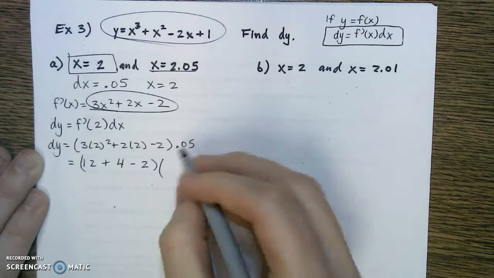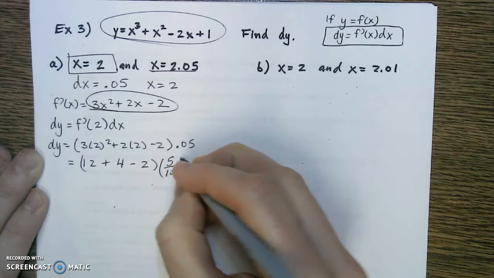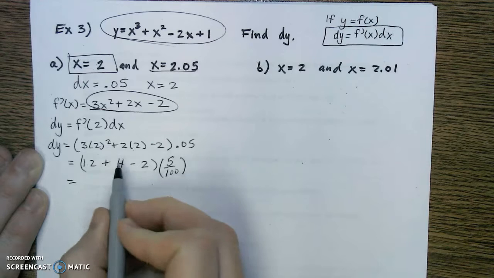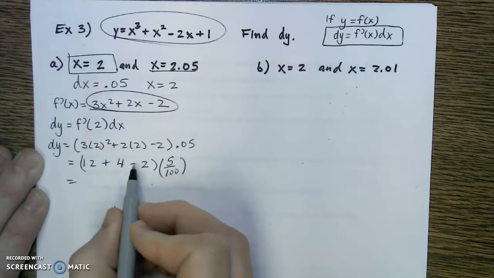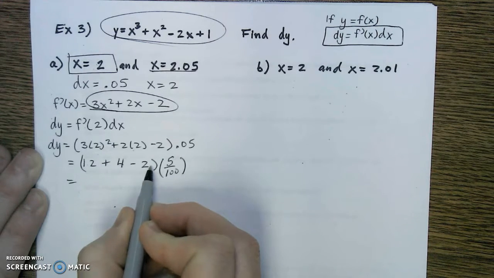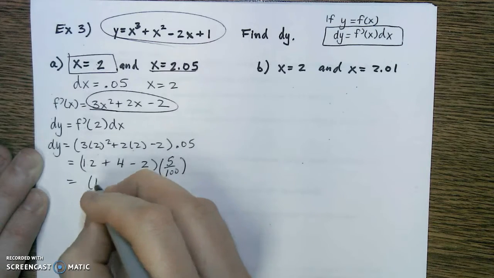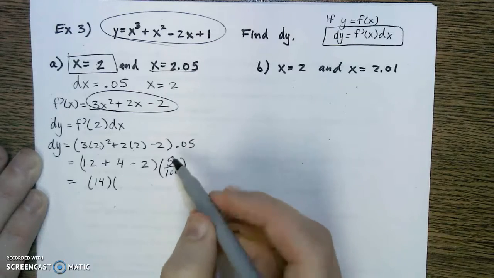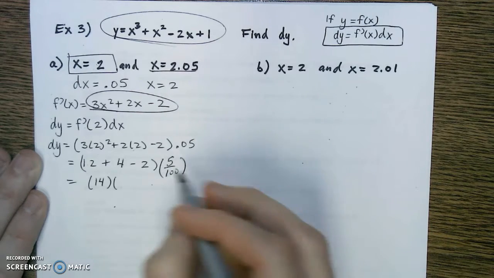That would be 5 over 100. Here I've got 12 plus 4, which is 16, minus 2, so we're going to get 14, times 5 over 100. I can reduce my 5 and 100 into 1 over 20.